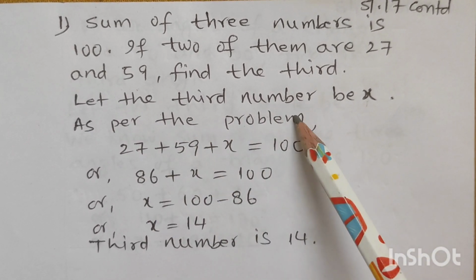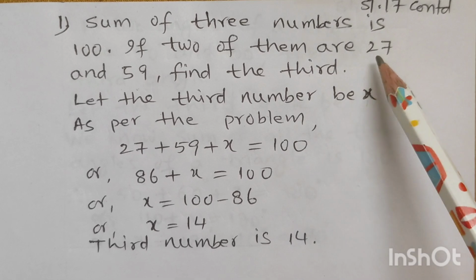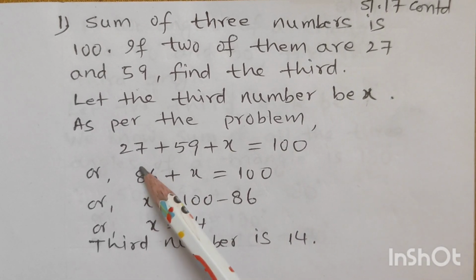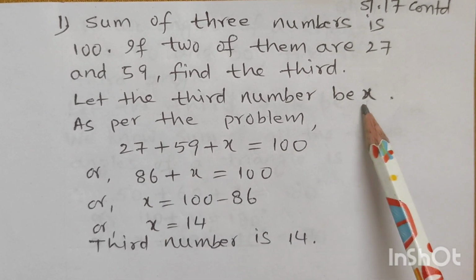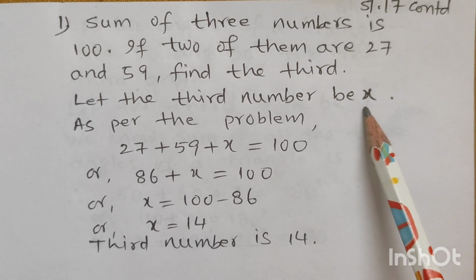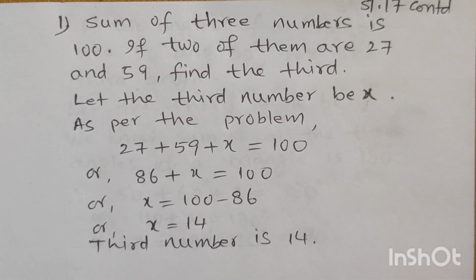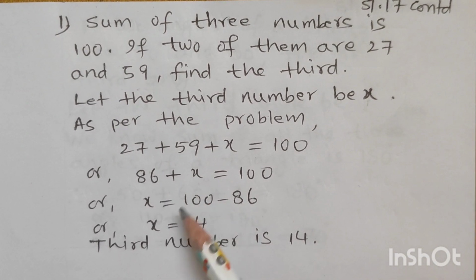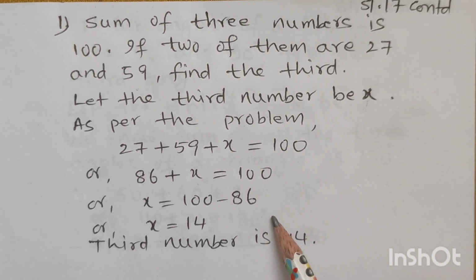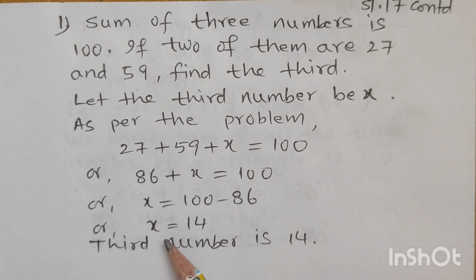Then as per the problem, the two numbers which are known are 27 and 59 and the third number is assumed to be x. So the sum of these three should give 100. As we do in linear equations, we have simplified it, taken 86 to the other side, and we have got x is equal to 14.